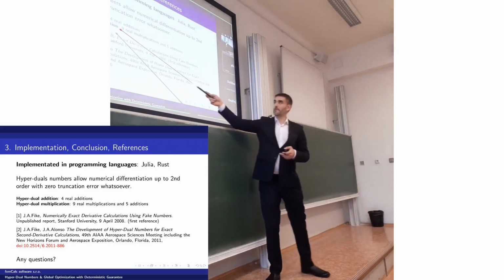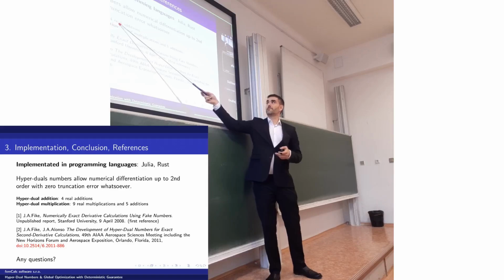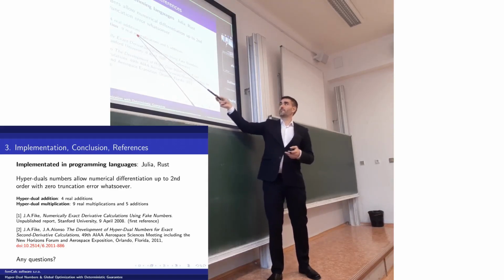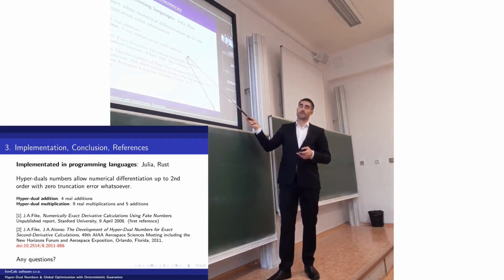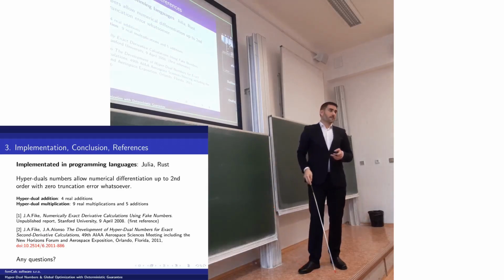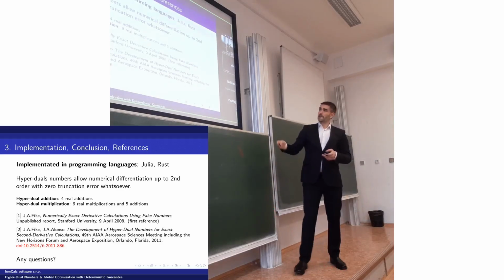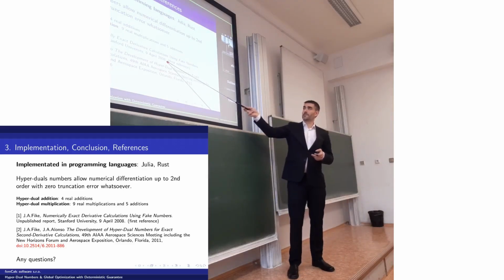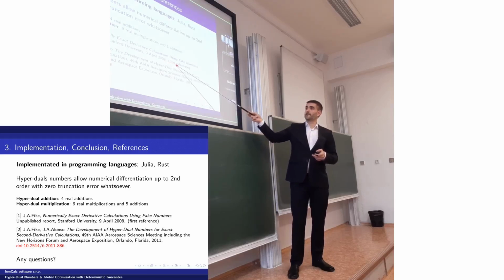For example, the hyperdual addition costs 4 real additions. Hyperdual multiplication costs 9 real multiplications and 5 additions. So it costs something, but it's worth it. And here there are some references. This is the first reference which I found, from the year 2008.